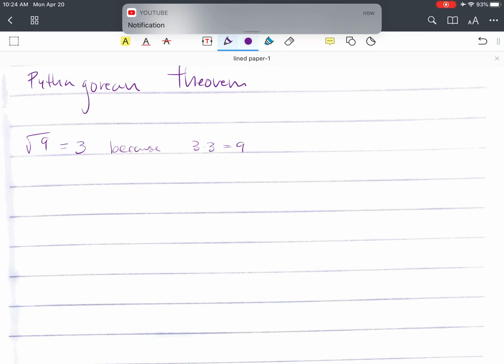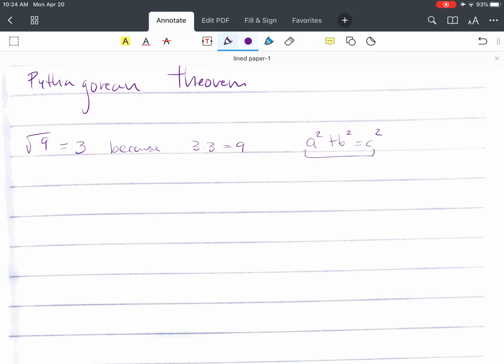And then we used the square root and the Pythagorean theorem. The Pythagorean theorem is a squared plus b squared equals c squared. If this is true, then you have a right triangle, okay? We use the Pythagorean theorem to find missing sides of a right triangle, either one of the little legs, or one of the longer sides, okay?